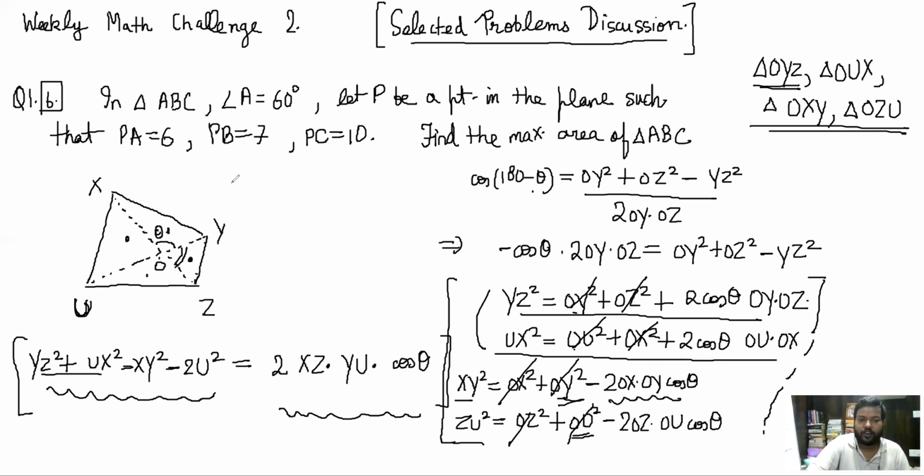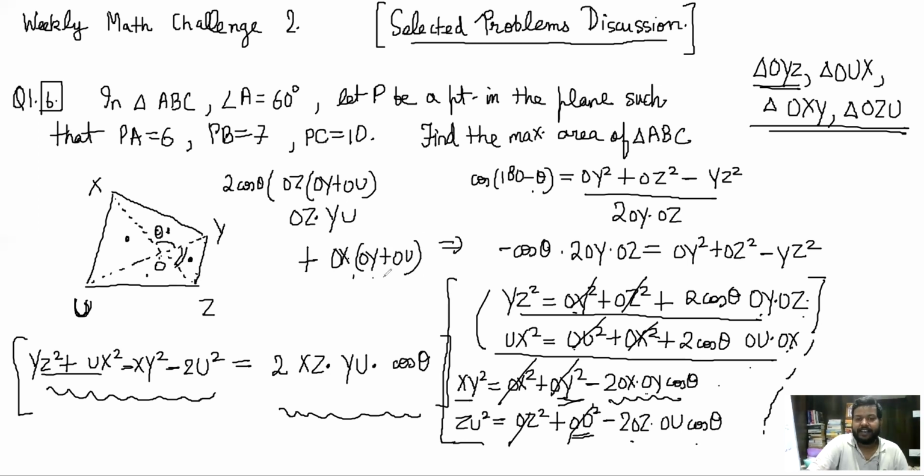So 2 cos theta common there, and between OY OZ and OZ OU, I can take OZ common, and it will become OY plus OU, right? OY plus OU, what is that? That is simply UY. So OZ into UY, plus the other terms where OX is common between this and this, and you get OY plus OU again.